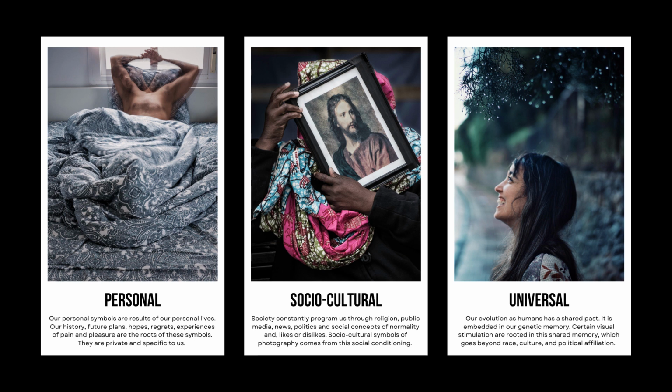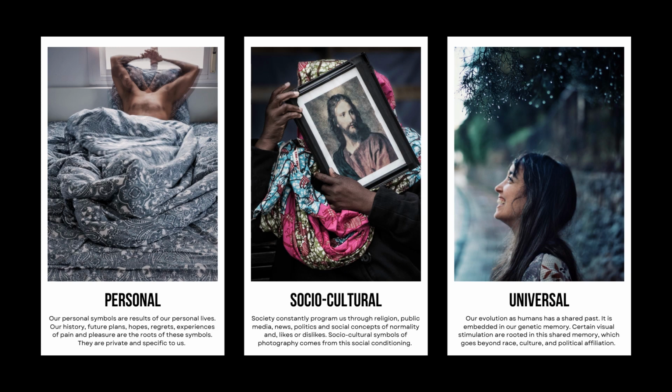A personal symbol is when your personal life has an association with that symbol. Maybe you had an accident and you associate your feeling with that particular brand of cars. Maybe you like a fruit. Maybe there is an ice cream that you used to eat as a child and till today it's your favorite and it's your symbol. Maybe there is a color that you personally like or dislike.